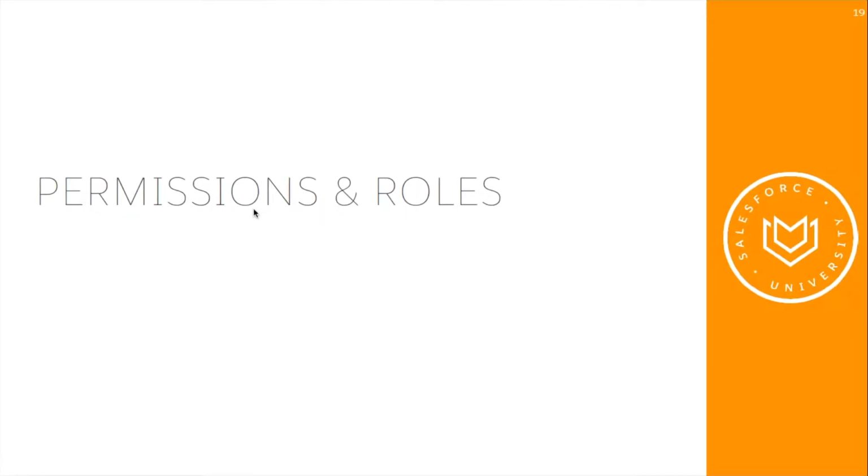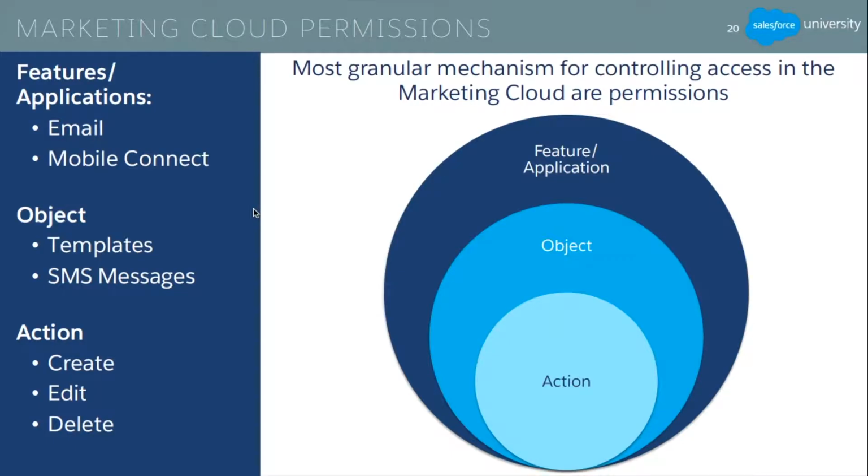So let's talk about permissions and roles now, because we already saw how we can assign those roles and assign the business units, but we didn't really talk much about those roles and permissions themselves. When we're talking about Marketing Cloud permissions, those are the most granular way that we can control access in the Marketing Cloud.